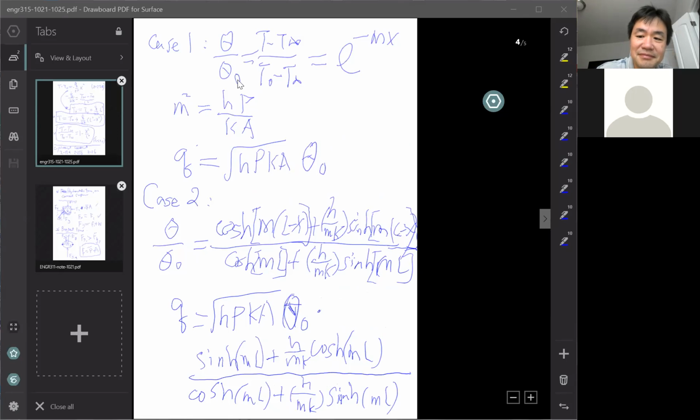It must be referenced with the same ambient temperature, something minus T infinity too. So what is T naught then?